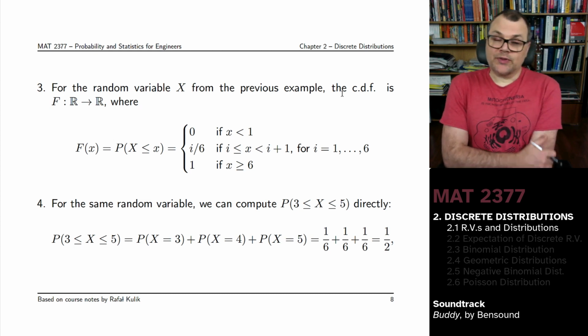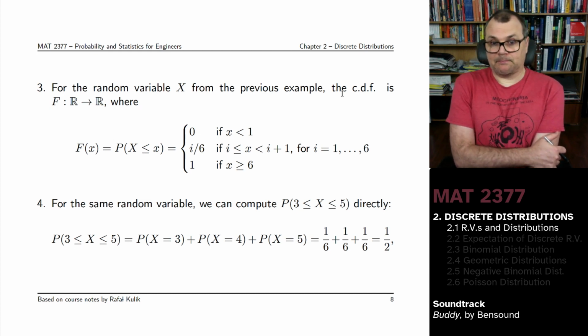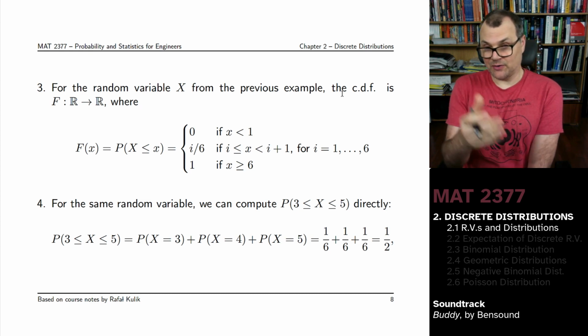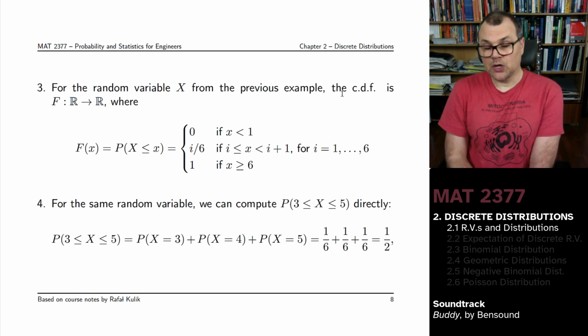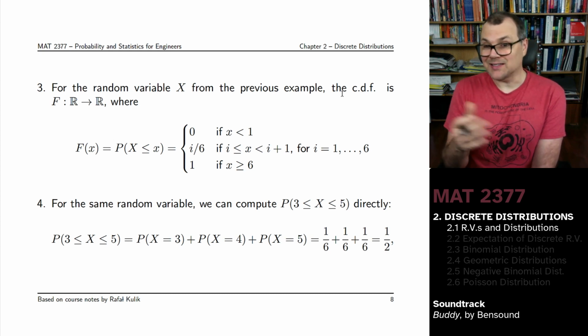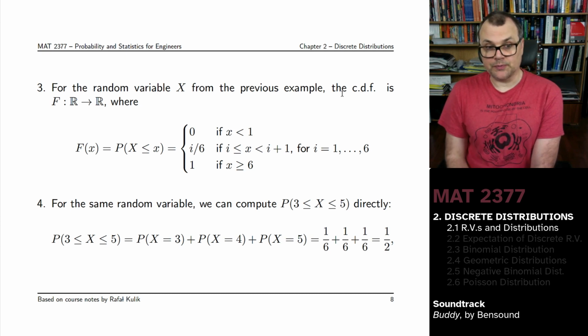When you're working with discrete variables, you can also, instead of using the formulas that I've given you to compute the probability of the random variable falling in an interval, you can compute it directly. It might take a while to do so, but it's at least something that is conceivable for you to do.